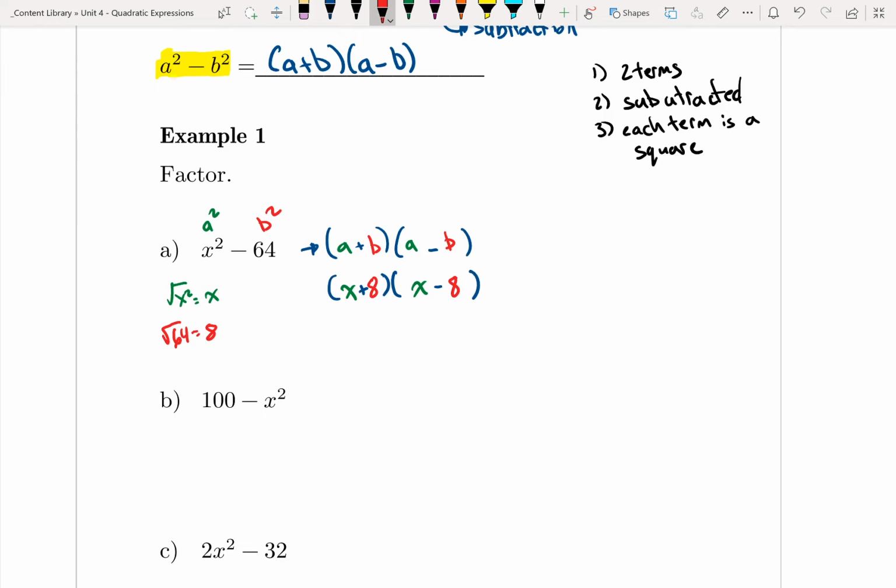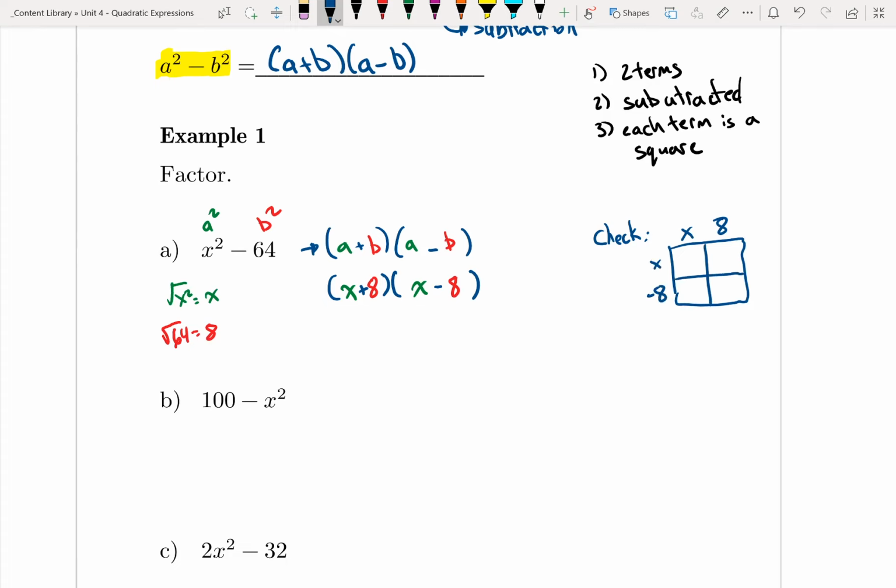Again, remember, factoring is turning an addition or subtraction, or sum or difference, of polynomials into a product. So we're taking something that was originally addition or subtraction and turning it into multiplication. And finally, if we do want to check, again, we don't have to, we can use the box method where we have x plus 8, and x minus 8.